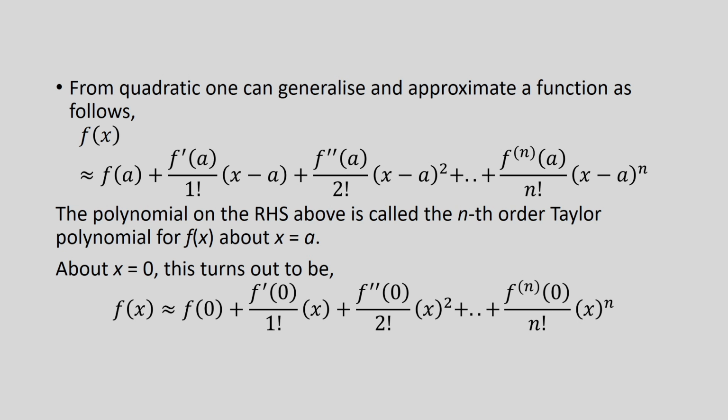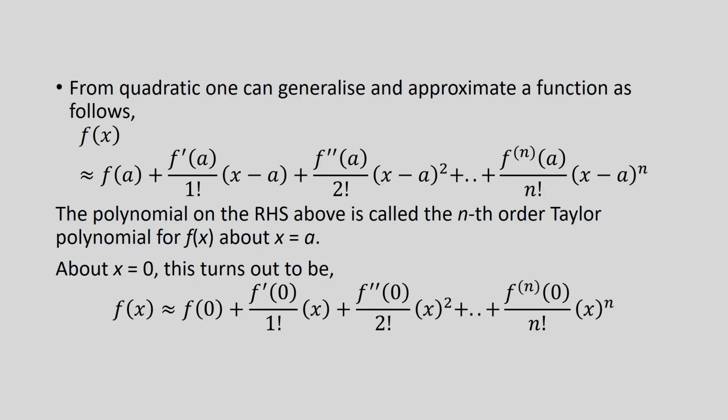Okay, now we have discussed quadratic approximation. Now, one can generalize more and approximate a function as follows: f(x) is equal to f(a) plus f prime of a divided by factorial of 1 multiplied by (x minus a), plus f double prime of a divided by factorial of 2 multiplied by (x minus a) whole square, plus dot dot dot.